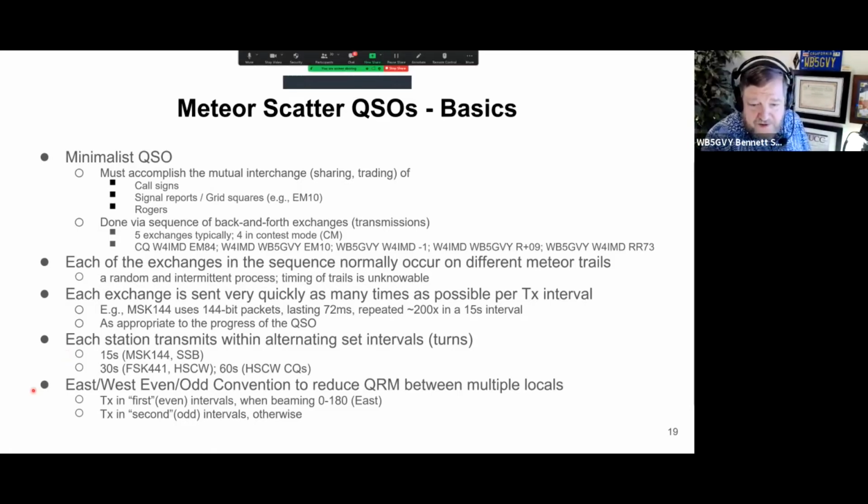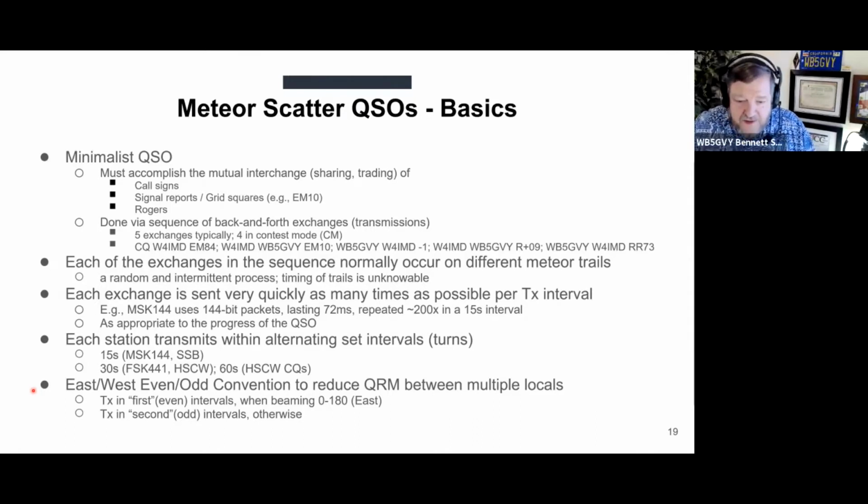There's also a convention for, and if you've ever done FT8, you know there's an even and an odd period in which things are sent. And the same is true in meteor scatter. Basically to try to maximize the number of people that can transmit at one time without contention, there's a gentleman's convention that if you're transmitting to the east, then you're going to use the first or even interval.